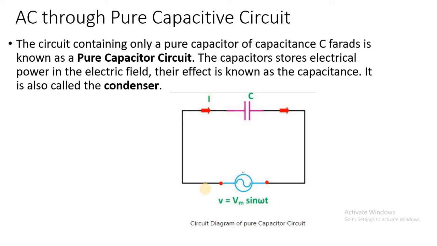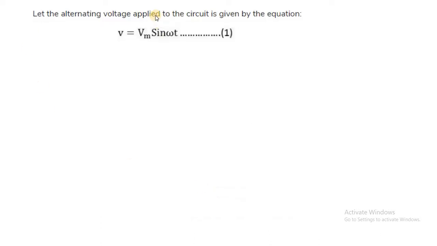This supply voltage supplies the current I, which flows through the capacitor. Now we want to derive the equation of current from the given applied voltage V equal to Vm sin omega t. Let's see how. The alternating voltage applied to the circuit is V equal to Vm sin omega t, that is equation number 1.